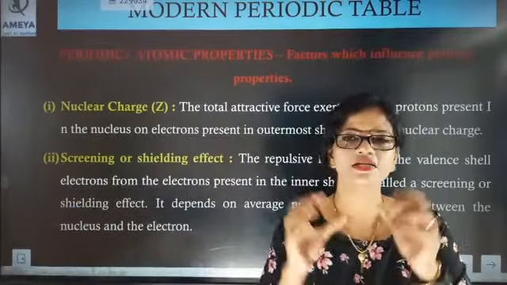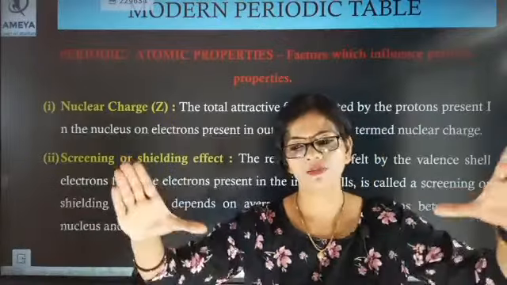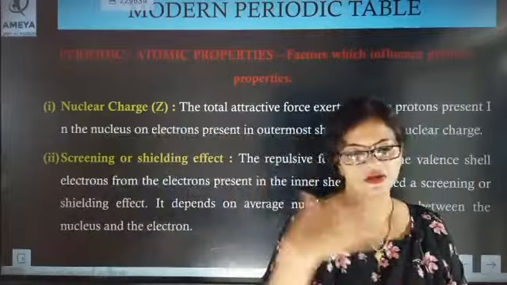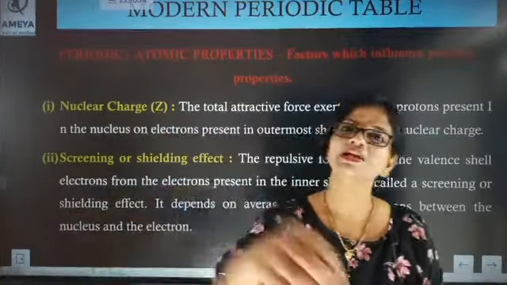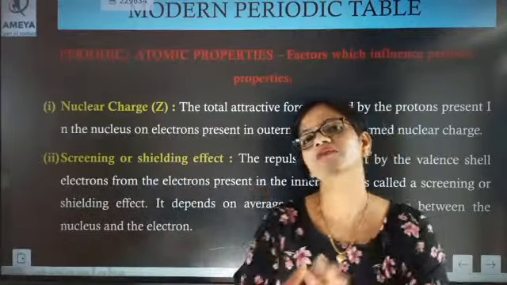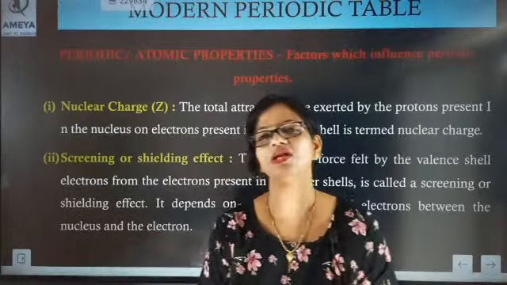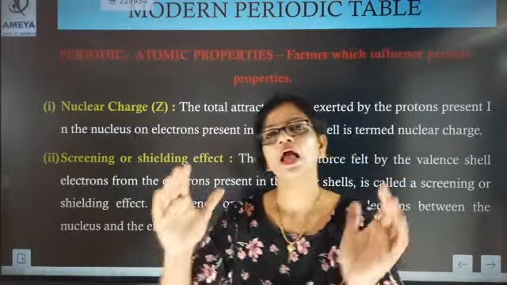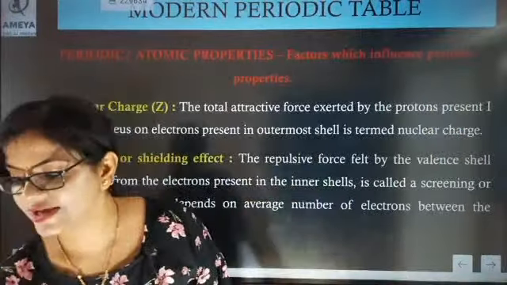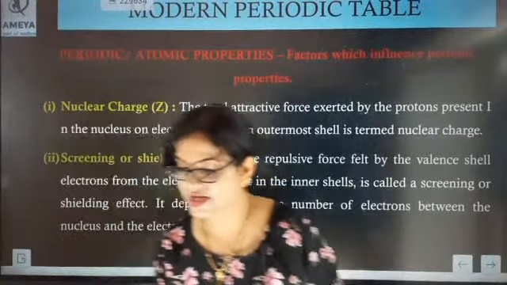So the first orbit has a lower energy level. The bigger the orbit becomes, the presence of electrons and s, p, d, f shells in those orbits becomes very high. So we always say the first orbit has a low energy level, and the more we go up, the higher the energy level. Ma'am, can you explain the second part once again? Yes, beta.